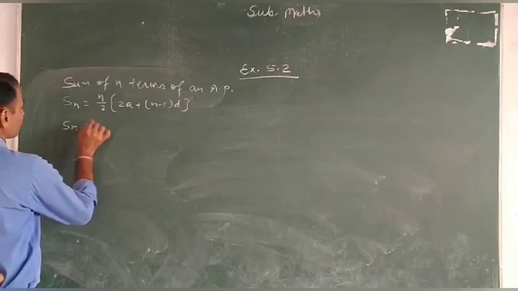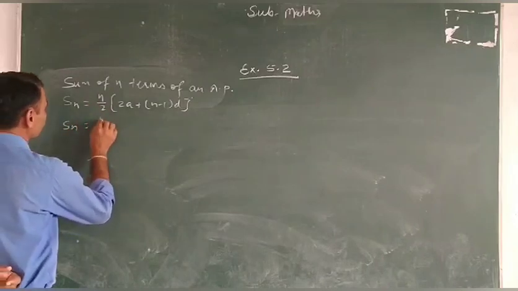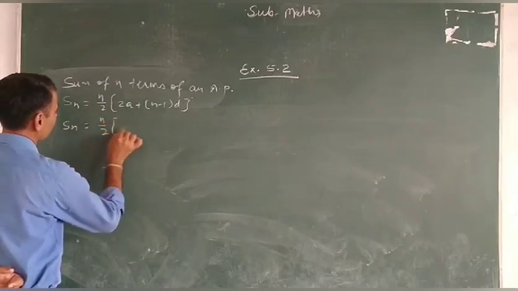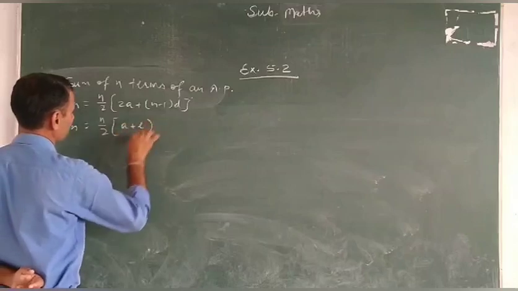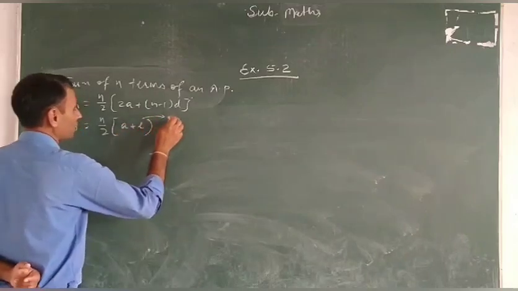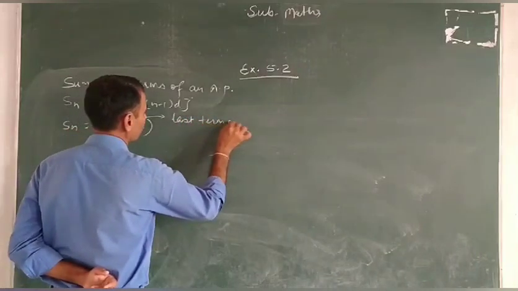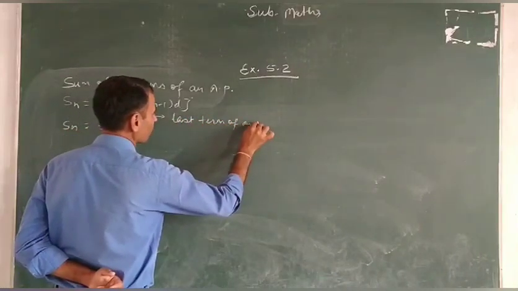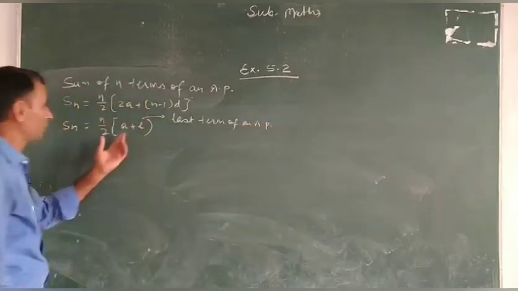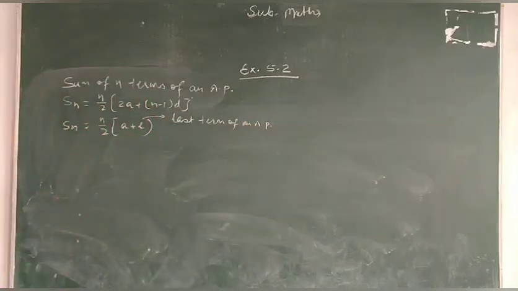For the same sum of n terms, we have another formula, that's n by 2 into (A plus L). Here L stands for the last term of an AP, and A will be the same as the first term. We have two formulas to find the sum of n terms of an AP.